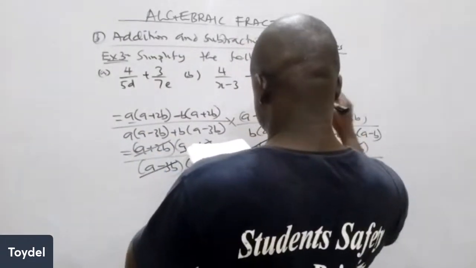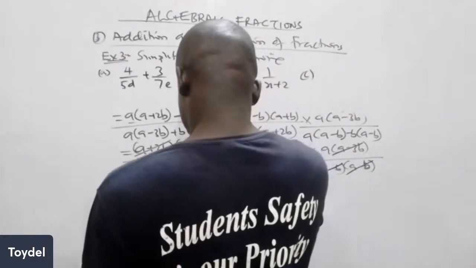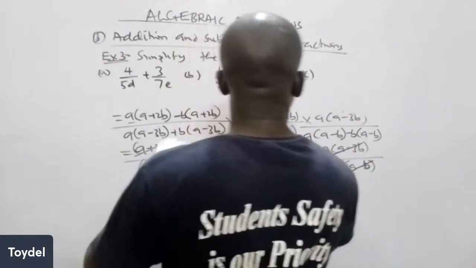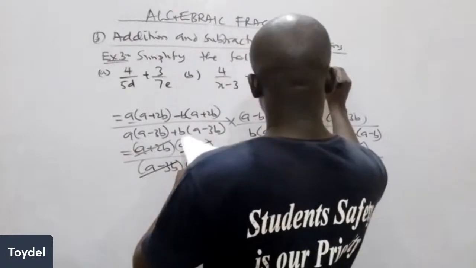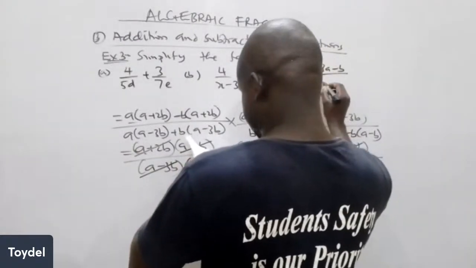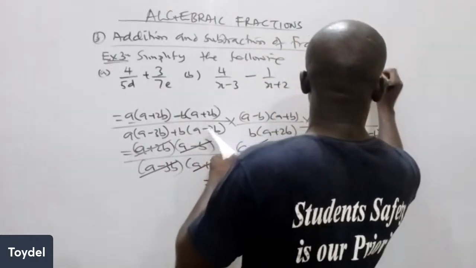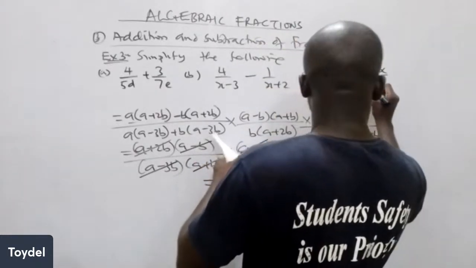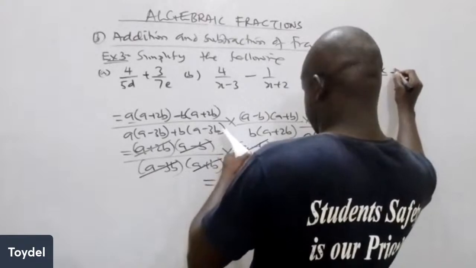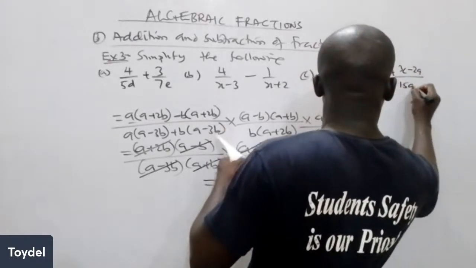Okay, let's take one that has both addition and subtraction. So let's take another example: 3a minus b all over 5ab, then minus 2b plus 3c all over 6bc, then plus 3c minus 2a all over 15ac.